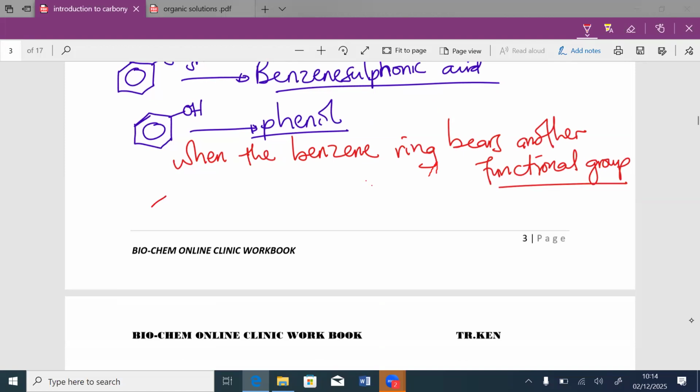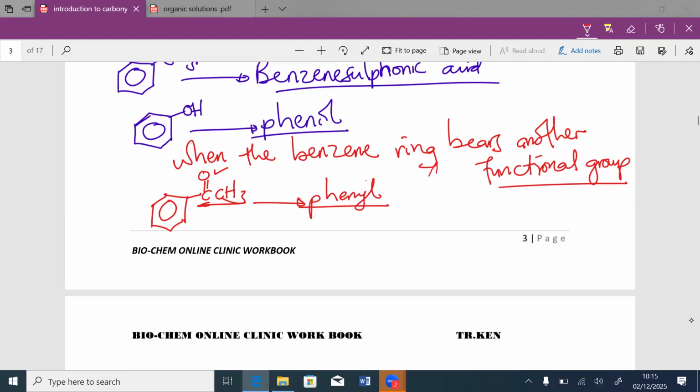For example, let's look at this. In this case, the benzene ring is attached to a compound which is having another functional group. So in this case, you're not going to call it benzene, you're going to call it phenyl.